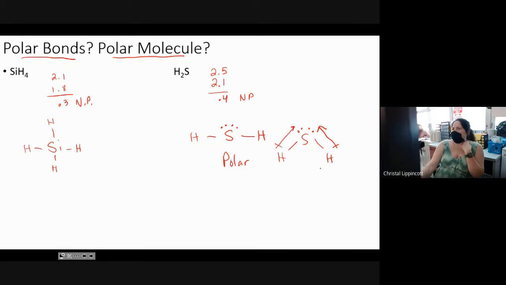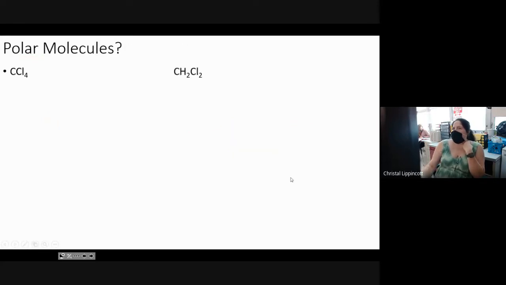So if you don't have lone pairs on the central atom, does that just automatically mean it's not polar? Not necessarily. So for example, if we have this guy, there's not going to be anything on that central atom. I think I did this one yesterday in class. You did. Okay. There's no lone pairs of electrons here, but there's still going to be a concentration of negative charges here.